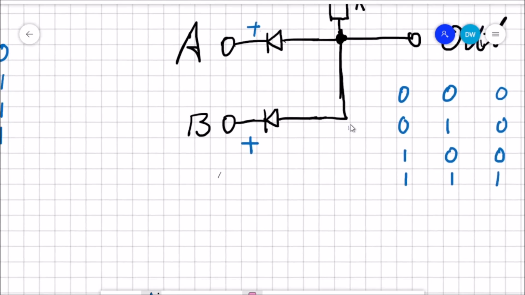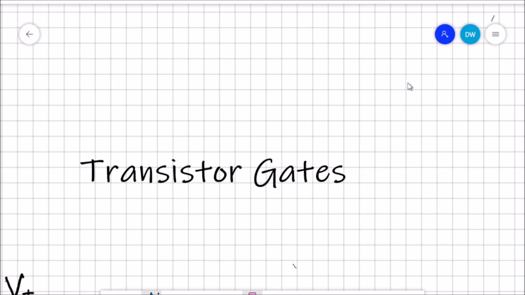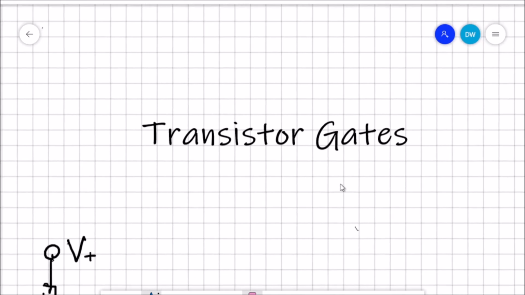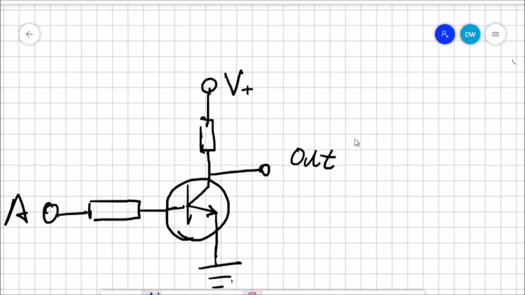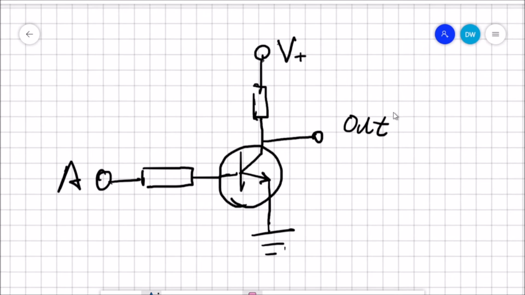Now let's look at transistor gates, basically gates that have transistors in them. Well, let's look at this one and consider what it does. We have two resistors here and a transistor here. As you can see, we have one input.